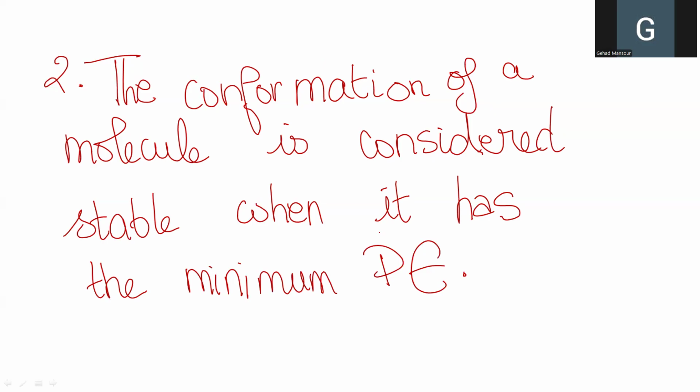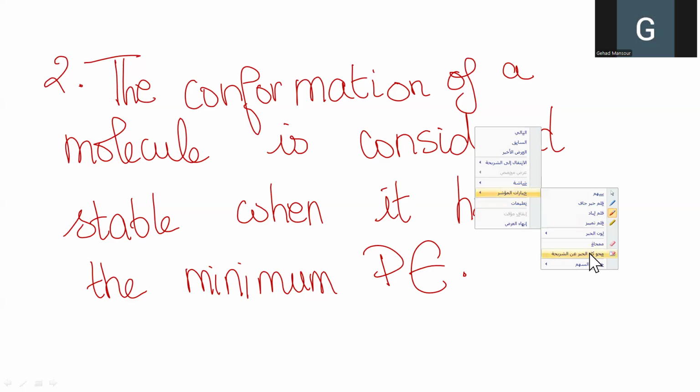Now, what's the relationship between the strength of the bond and the potential energy? This is the third fact we're going to write on the screen, and it is a very important fact. Weak bonds have a high potential energy, and this sounds normal.